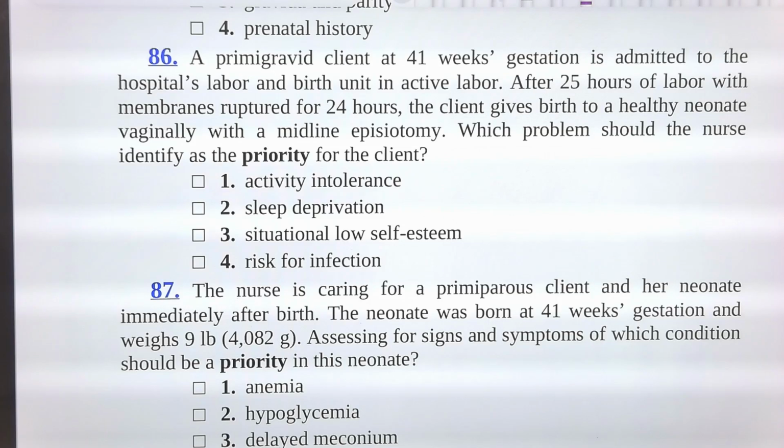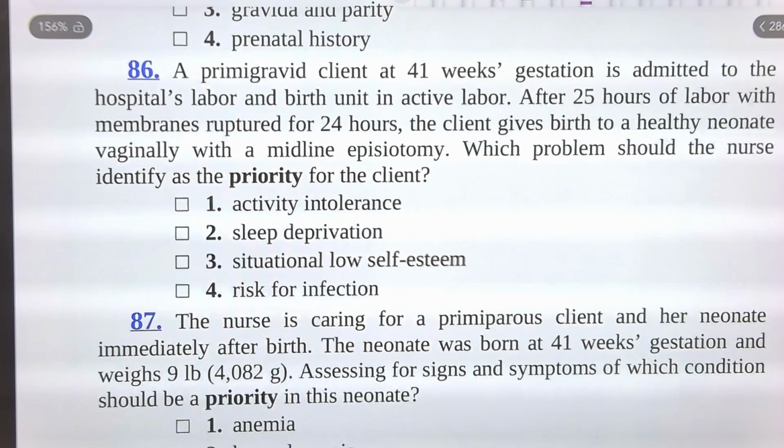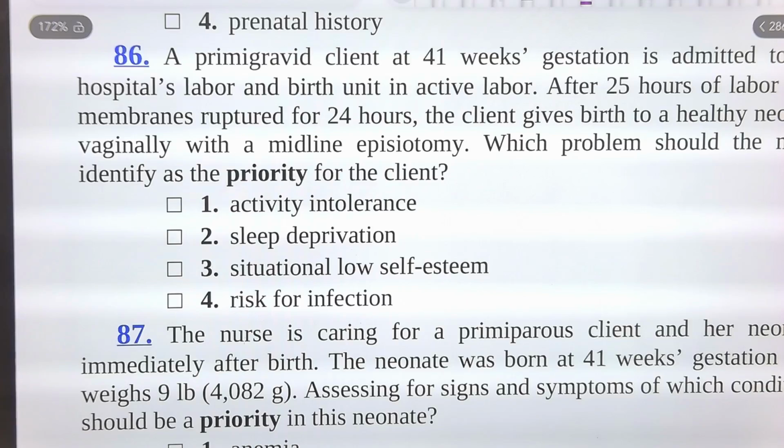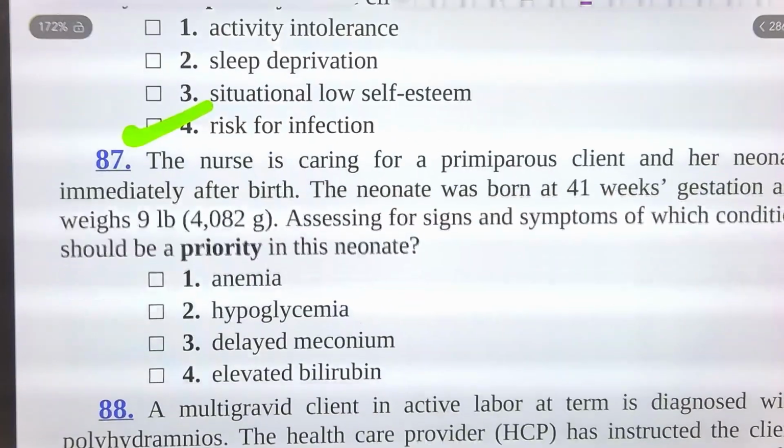Which problem should the nurse identify as priority for this client? So क्या चीज के रिस्क पे पेशेंट हो सकता है? Read all the options carefully. What can be the right answer? Answer number 4, that is risk of infection, will be the correct one.